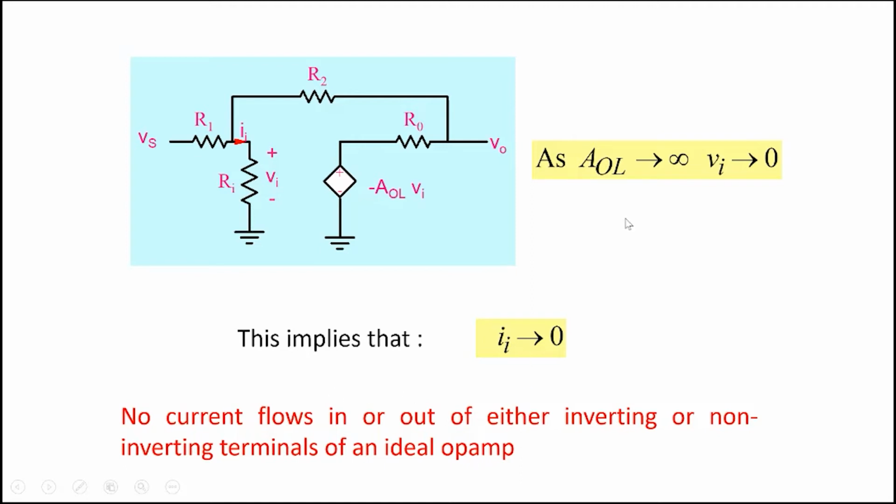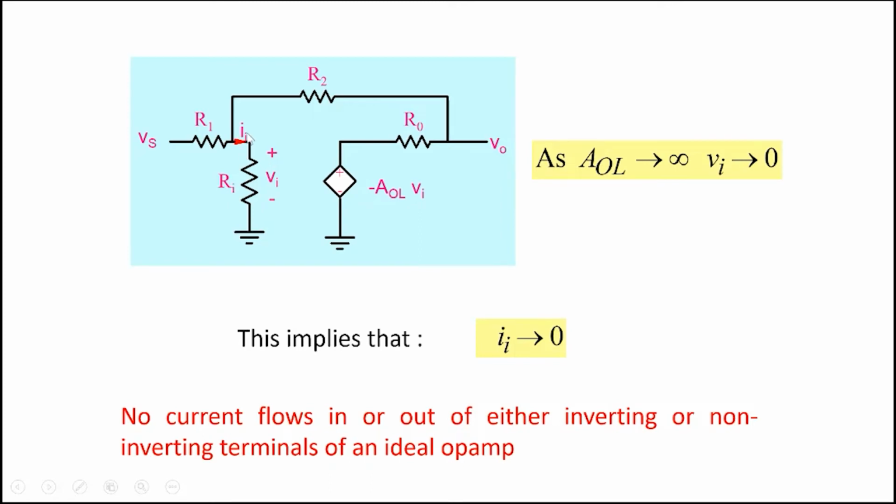That's because the input voltage Vi is 0, and therefore the current flowing through this particular resistor is 0. All right, so that's the other property of the op-amp when you use it in the feedback mode. That's an interesting thing.